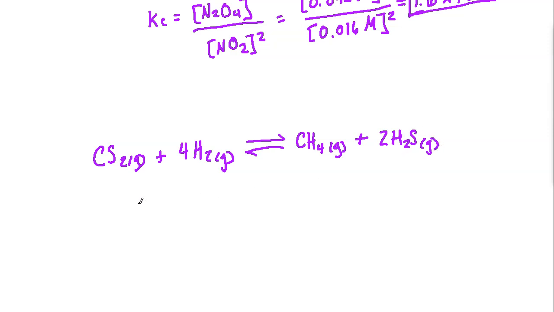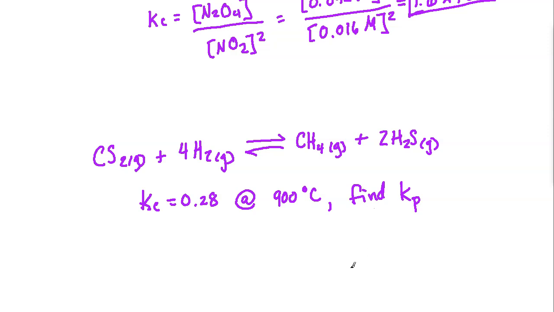Now, it specifically says the Kc is going to be 0.28, and that is at 900 degrees Celsius. And the question is, find the Kp for this setup given what has been provided.